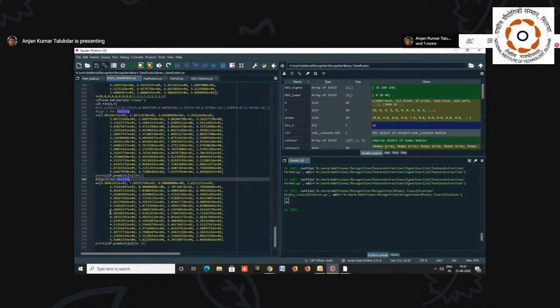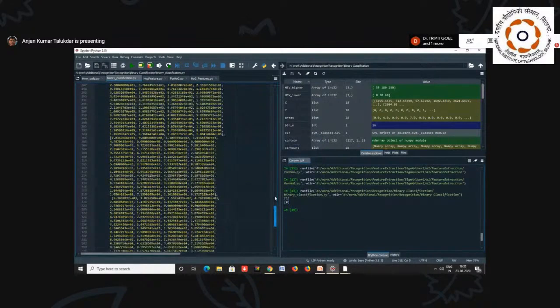So we have tested for two signs, one for E, one for A. This is the input feature vector for E, so it is giving output as 1, and this was the input feature vector for A, so it is giving output as 0. So this is how we can build a gesture recognition based system in Python using the OpenCV library.